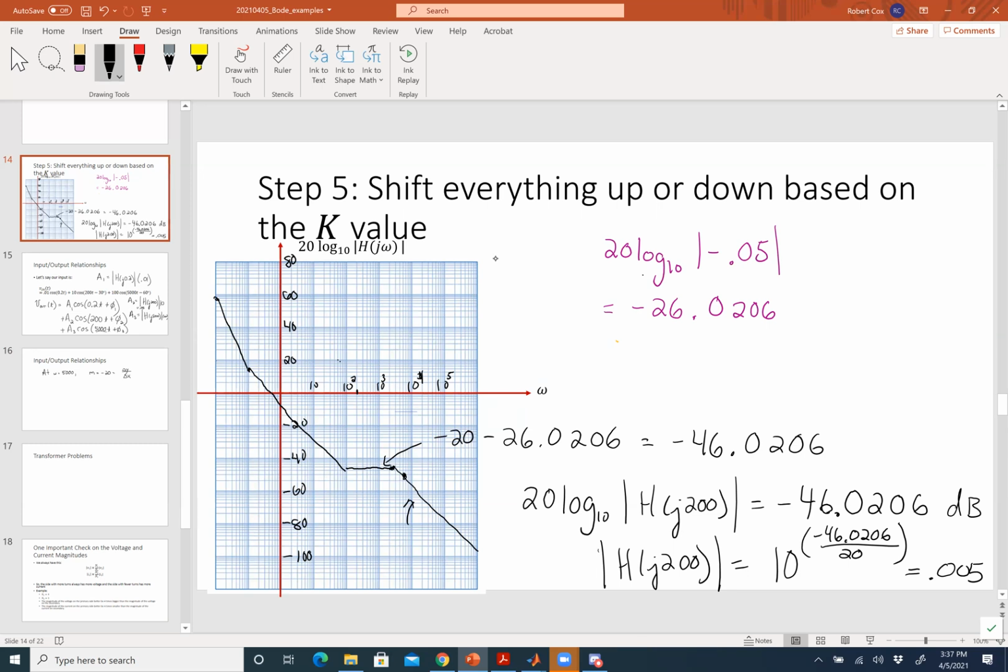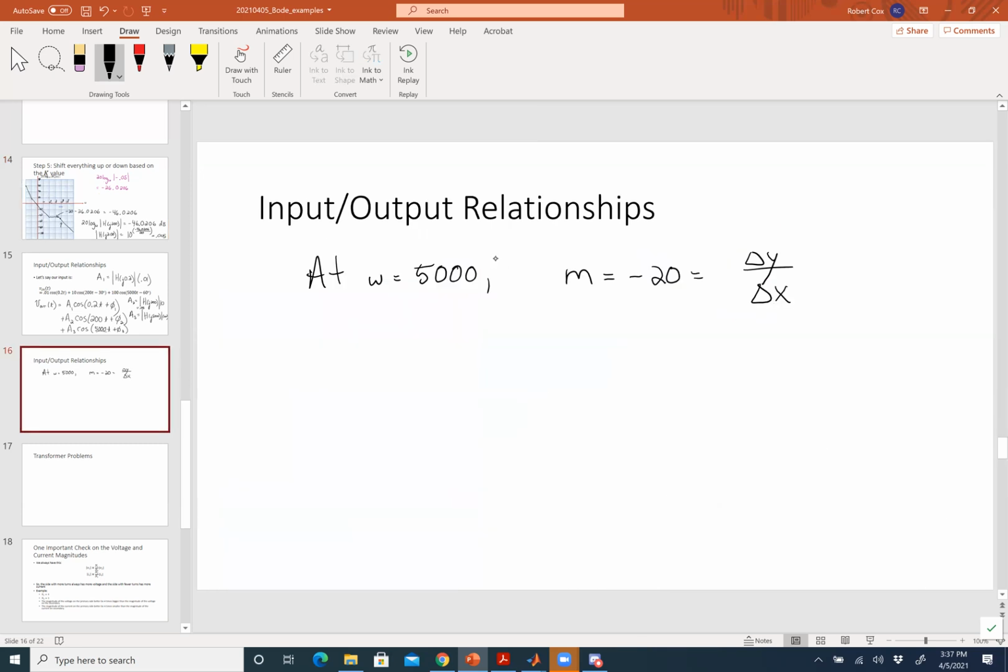My delta x is moving from 2000 to 5000, but on a log scale, so it's log 10 of 5000 minus log 10 of 2000.